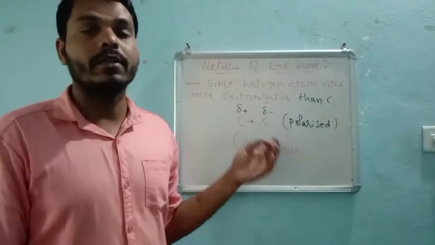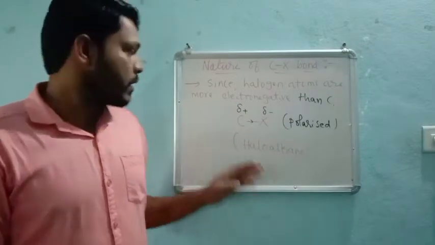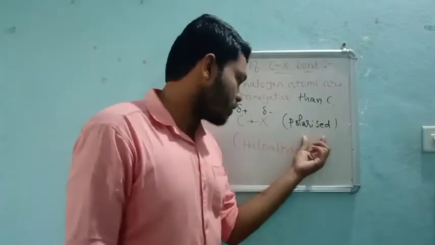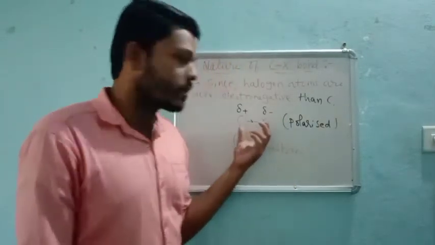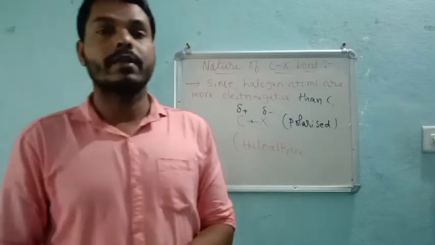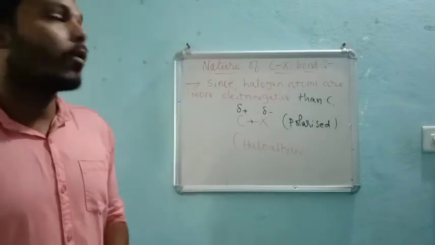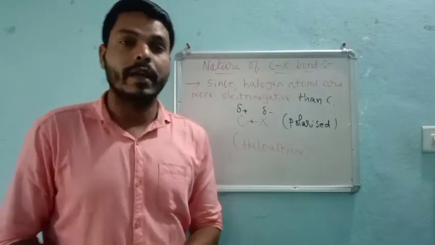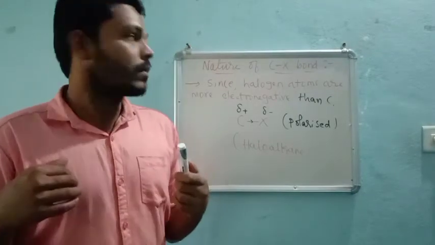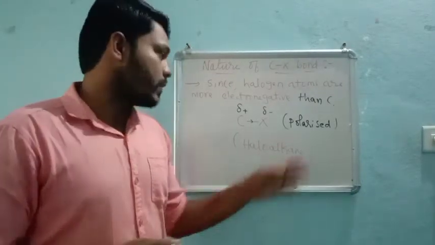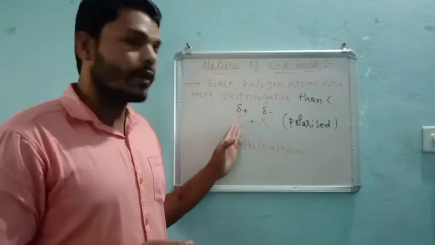Now, because we observe both the charges, the bond between the halogen and the alkyl group is polarized. We can say this very easily.